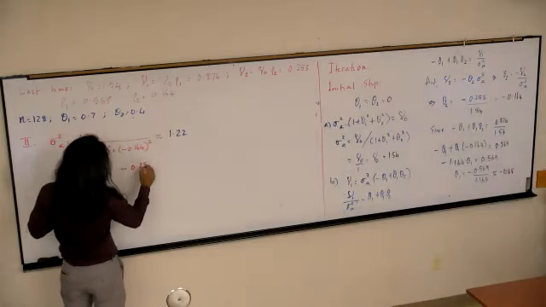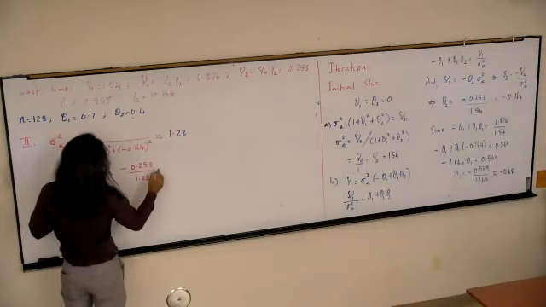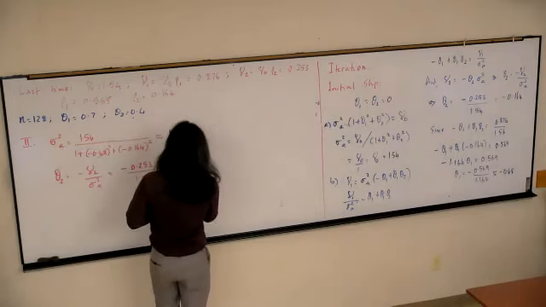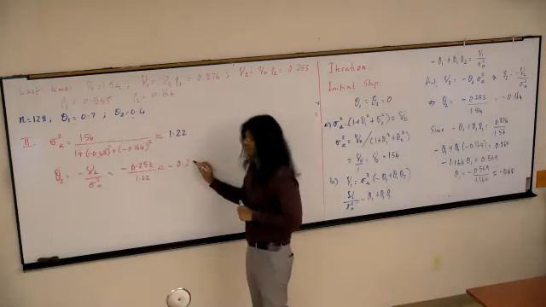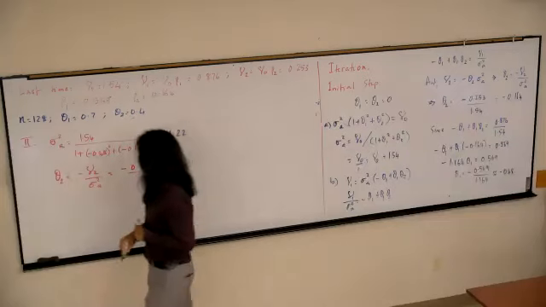So theta 2 is negative 0.253 over 1.22. And what is that? Negative 0.207. Yeah.